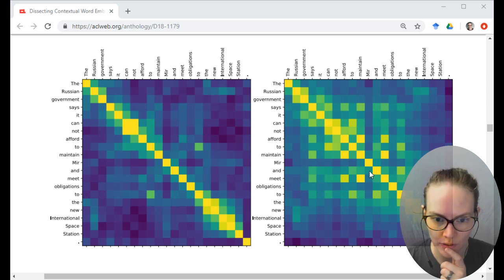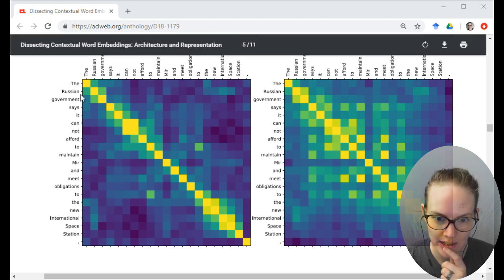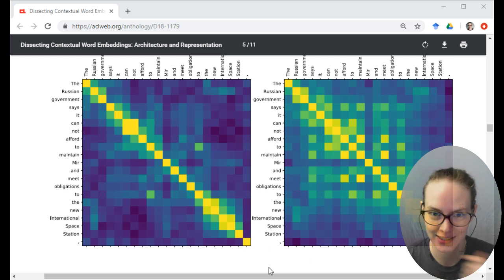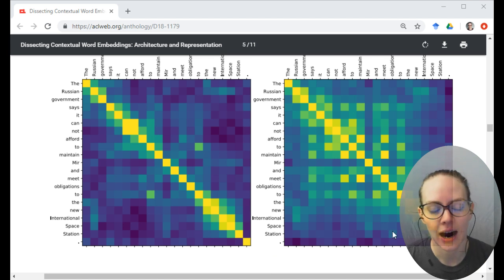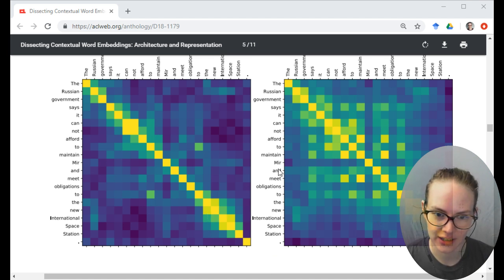And I think the overall thing that you can see from these figures is that the cosine similarity between words is higher the closer they are to each other and highest to the word itself. We should hope it is. And that in the first layer and in the fourth layer, there's a higher cosine similarity between words that are farther apart.